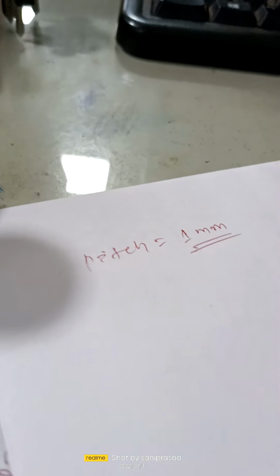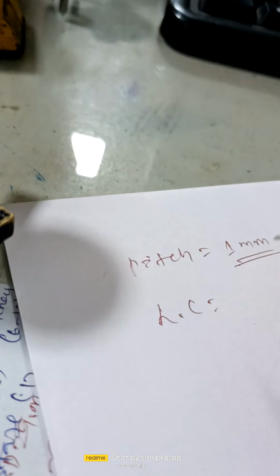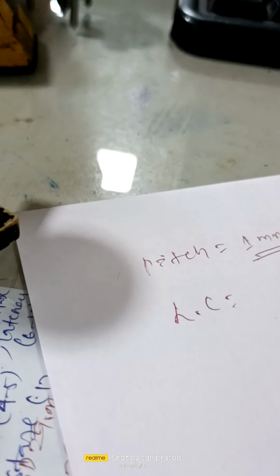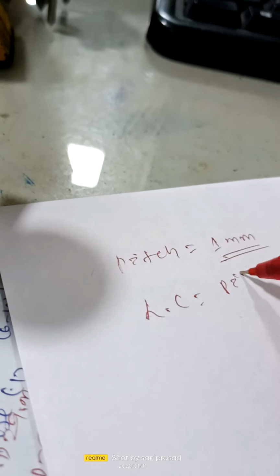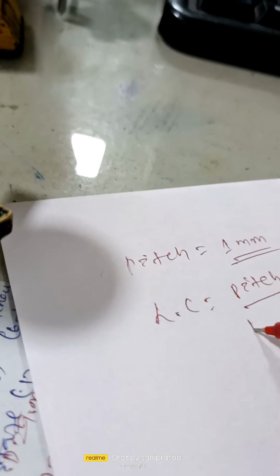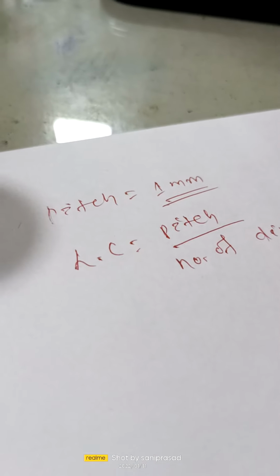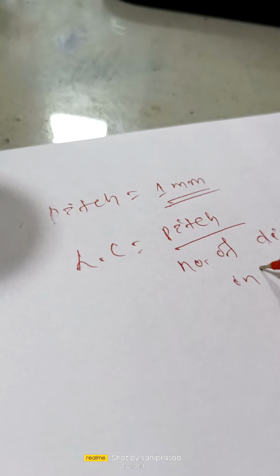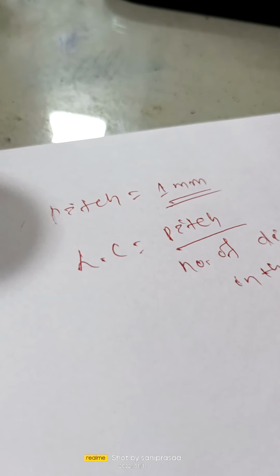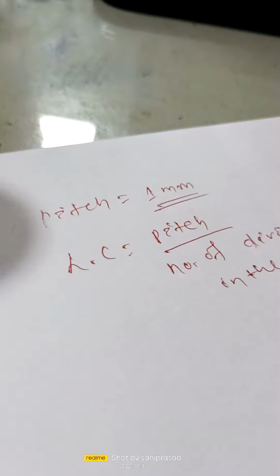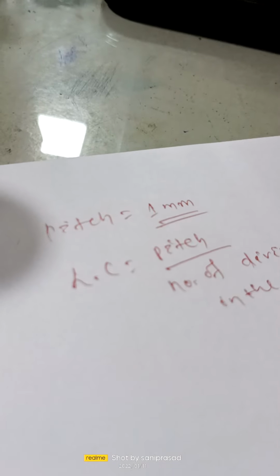Then what is the least count? Least count is the smallest count. So how will it be calculated? Pitch divided by the number of divisions in the circular scale, as mentioned in your PDF. So it will be 1 mm divided by the number of divisions in the circular scale.